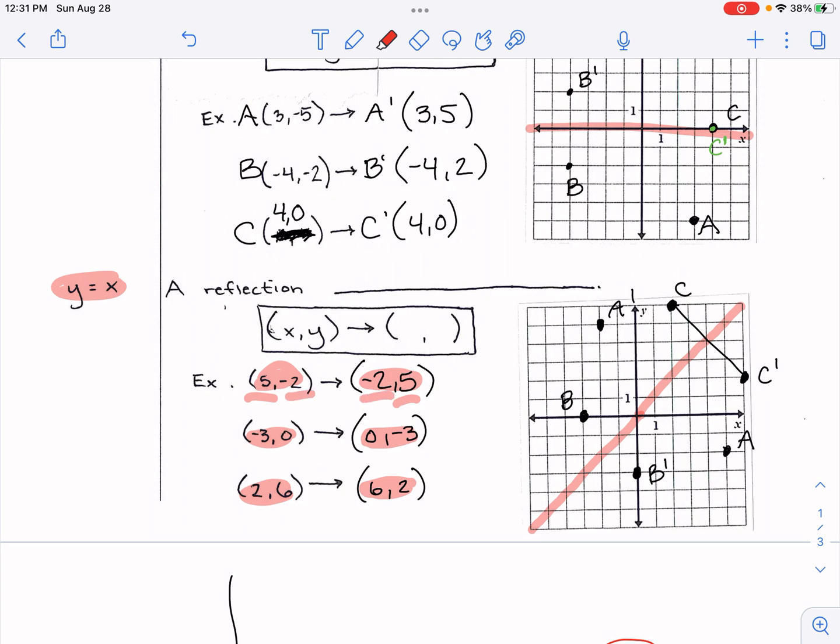Now it's in the first position. So when you reflect about the line y equal to x, a reflection switches x and y. So instead of x comma y, it's actually y comma x. All right, anyways, we're going to leave it at that. You're going to get to some practice on Khan Academy for reflecting points and reflecting shapes.